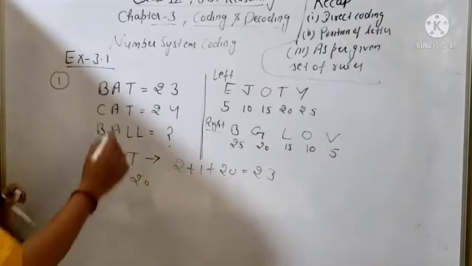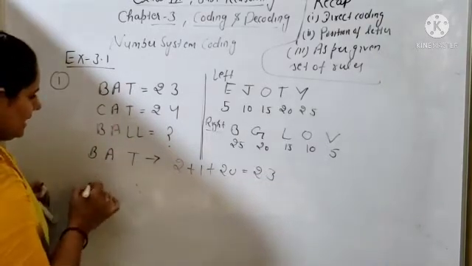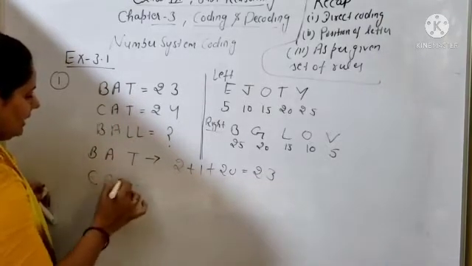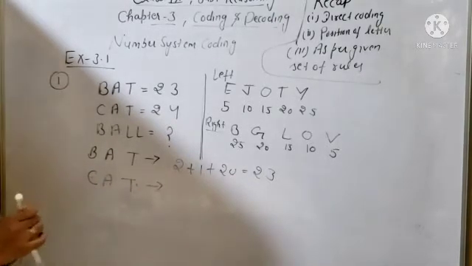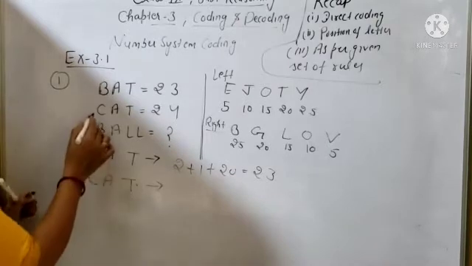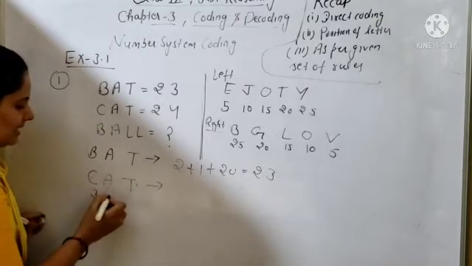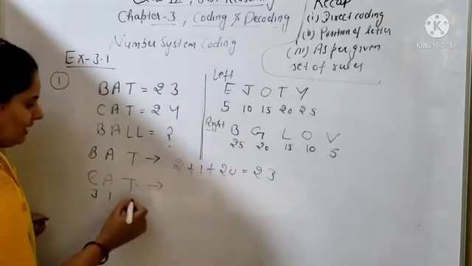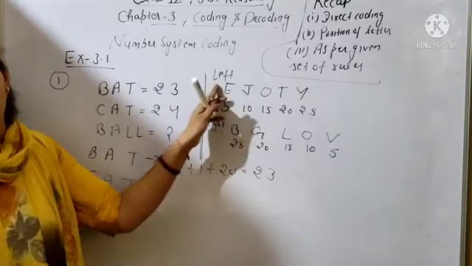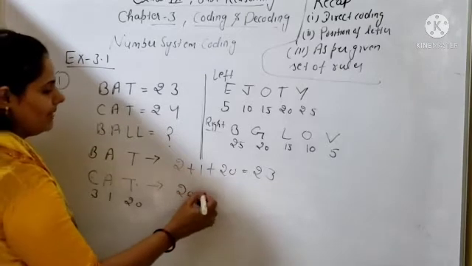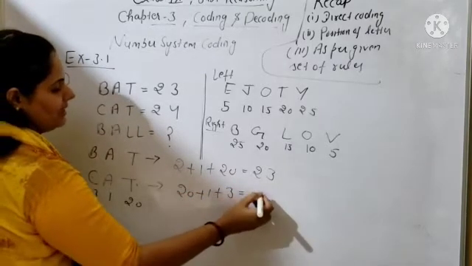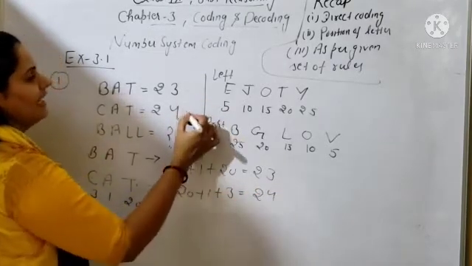Now the second also we will check. CAT: C will be at the 3rd place, A at the 1st place, and T at the 20th place from the left-hand side, starting from the letter A. If you add, 20 plus 1 plus 3, you get the answer 24. It means this is correct.